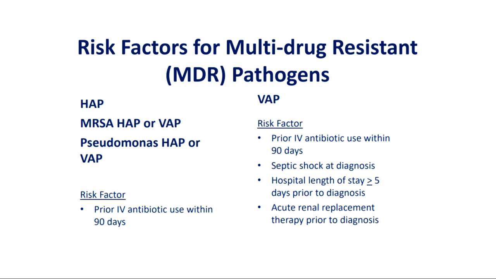For VAP, there are more risk factors. Number one, IV antibiotic within 90 days. Number two, the patient had septic shock at diagnosis. Number three, hospital length of stay of 5 days or more, or acute renal replacement therapy prior to diagnosis.